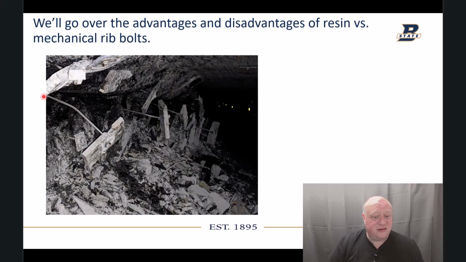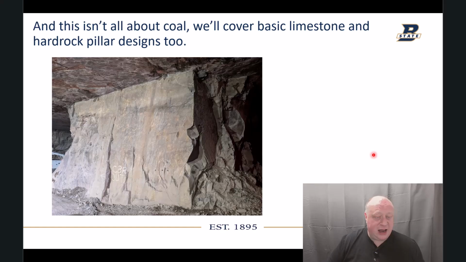In this photo, you see a lot of mechanical bolts here with the half header size board on here as well. But that coal's sloughed out over time. It's sloughed out of here, and this is what it looks like now. And this isn't all about coal. We'll talk about some other things too. I mean, we'll cover basic limestone and hard rock pillar design.